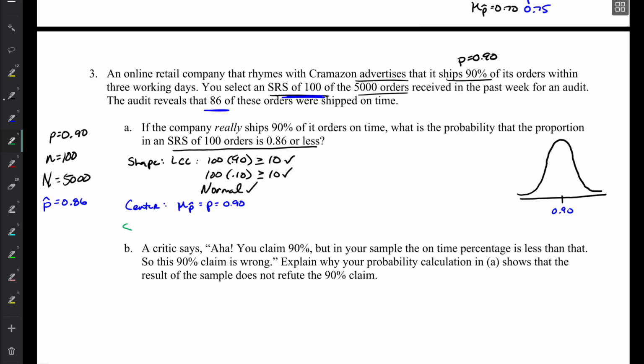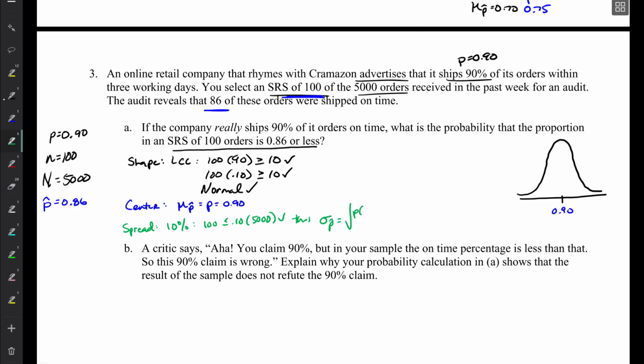Then we need to see, well, what about standard deviation? What about the spread? Well, we need to see, is our 10% condition going to be satisfied? In this case, it clearly is, because our sample size was 100, and that is definitely less than 10% of 5,000. So that's satisfied. Thus, we can calculate our standard deviation, sigma sub p hat.